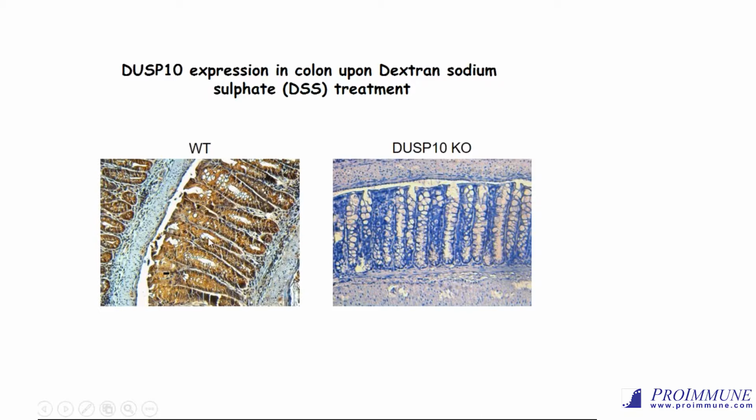As shown here, you can see that DUSP10 expression is highly induced by the feeding of DSS. So this indicated that this molecule may play a very important role in the inflammation in the gut.